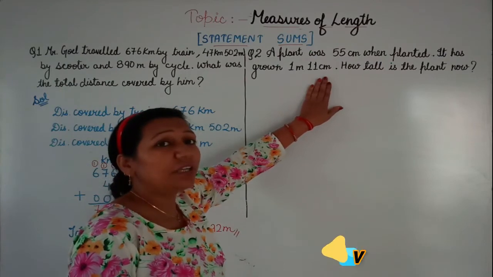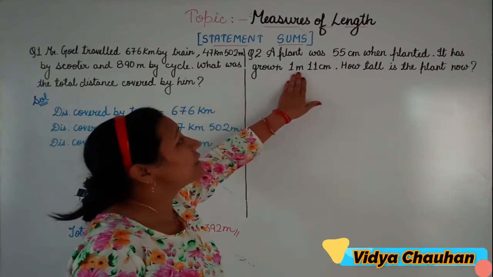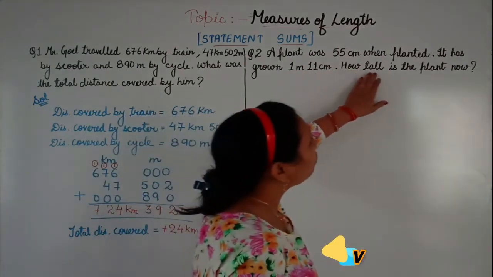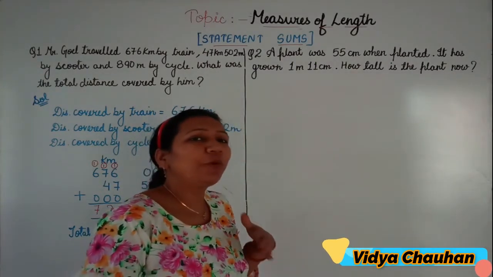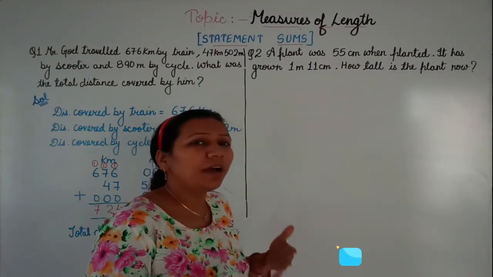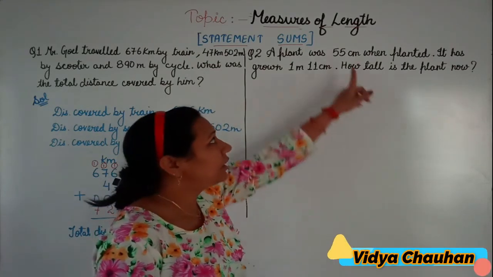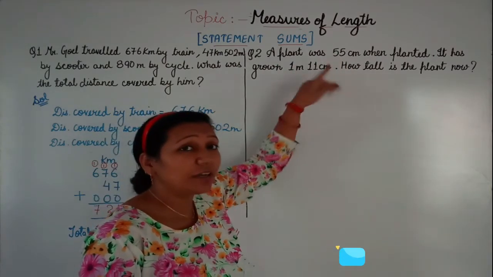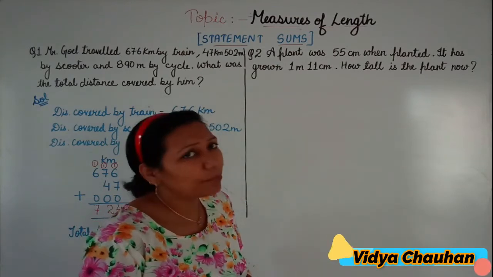Now after some time, some days or weeks, when we have observed, it has increased its length by 1 meter and 11 centimeter. So how tall is the plant now? We have to find what is the actual height of the plant now. Earlier it was 55 centimeter and grown up by 1 meter and 11 centimeter. So what is the exact, or you can say the total height of the plant?